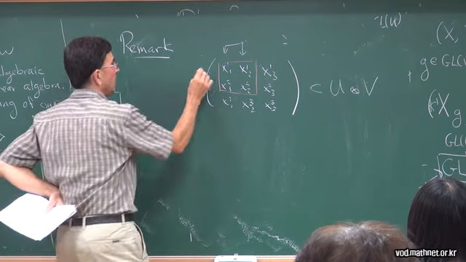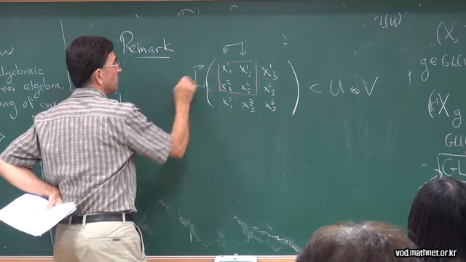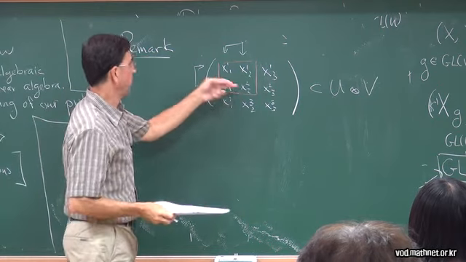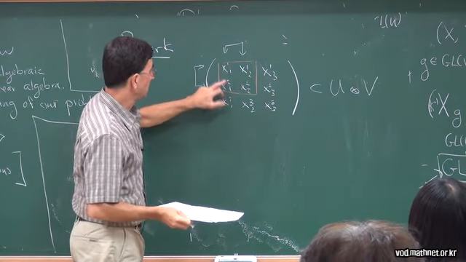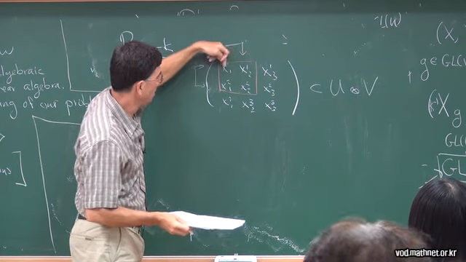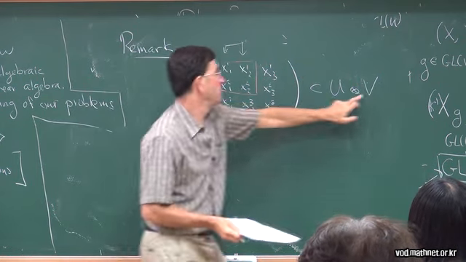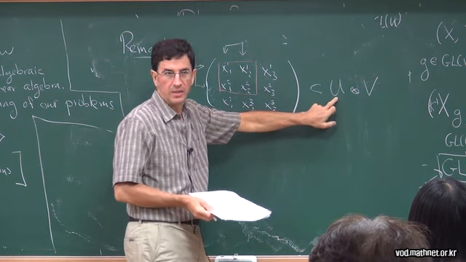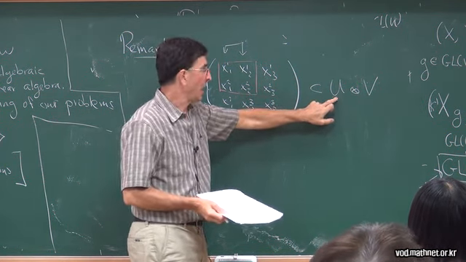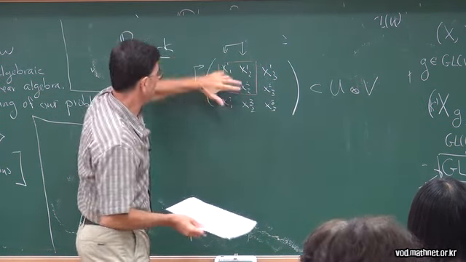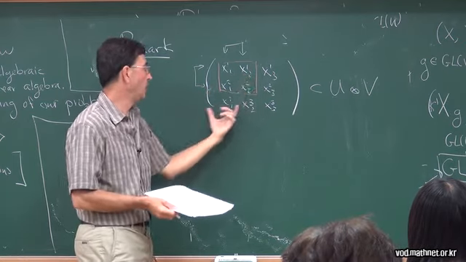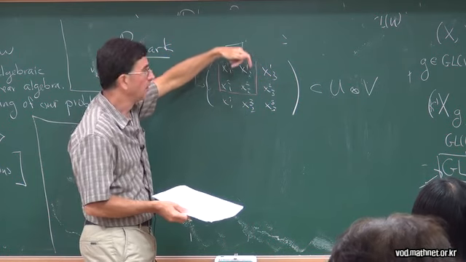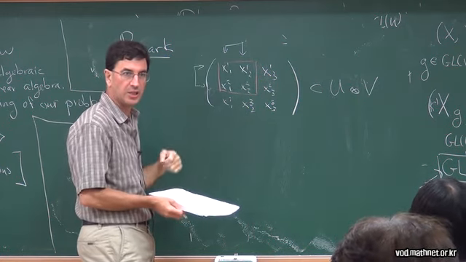And if I swap these two rows, it changes sign. The columns are indexed by V, and the rows are indexed by U. In fact, it doesn't matter if I take this 2 by 2 minor or any 2 by 2 minor. If I swap rows, it changes sign. I swap columns, it changes sign.